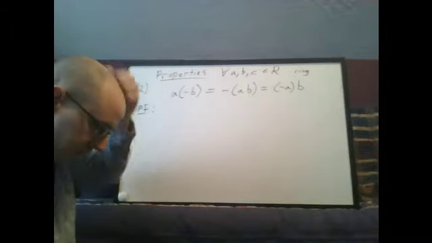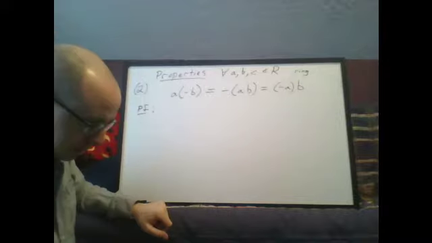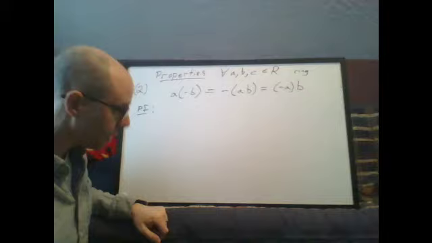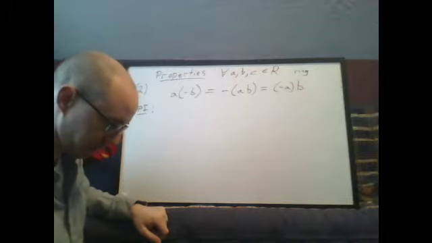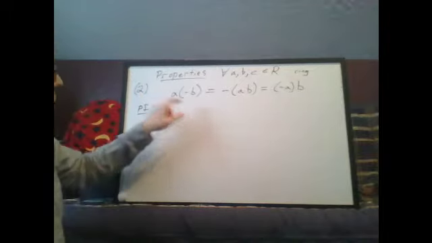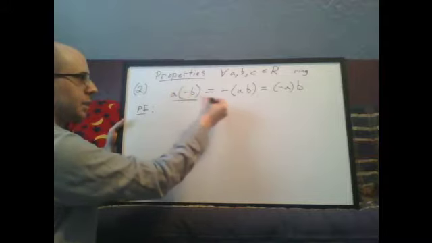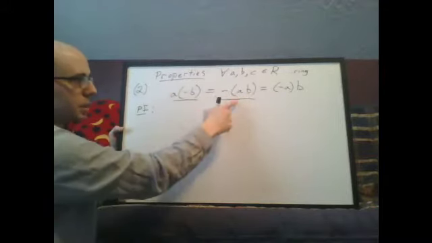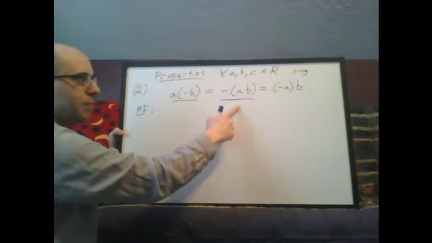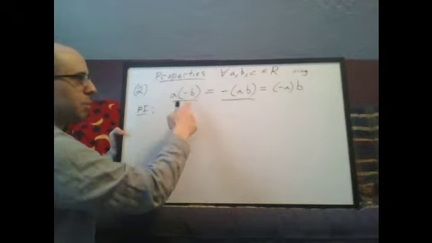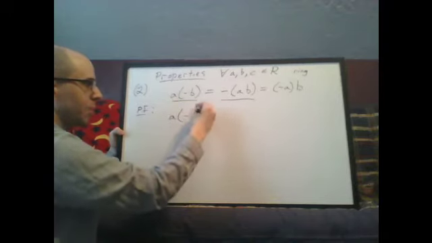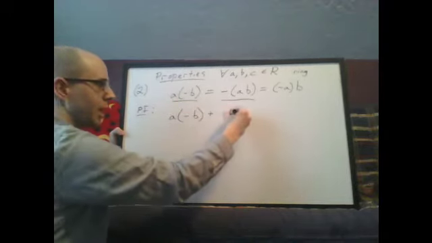Again, we're going to prove one of the equalities, and then the other one is similar. Which one do I want to do? So I want to prove that this is this. Well, this in the middle, that's the additive inverse of AB. So to prove it, let's look at what happens if we add A times -B with AB.